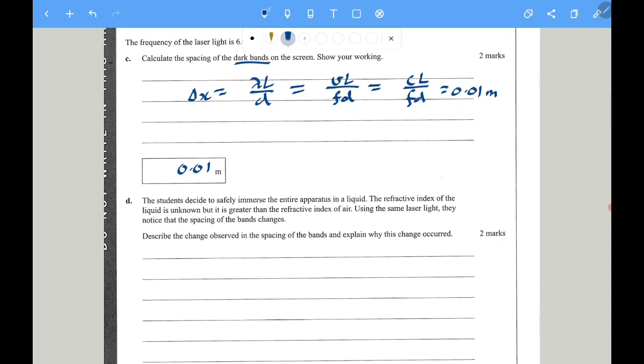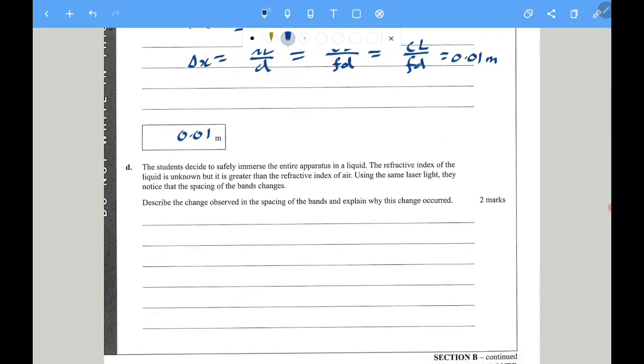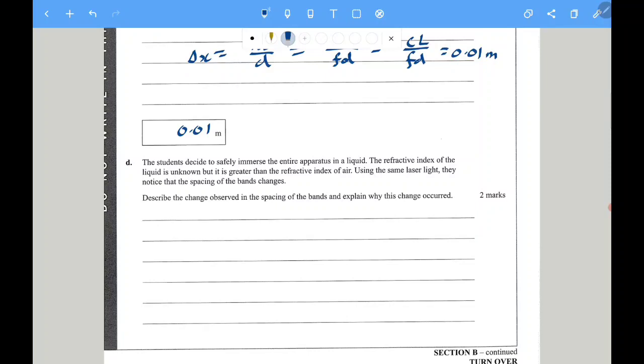What will happen to our wavelength first of all? Alright, so when submerged in a different solution, our speed of light actually decreases, right? Because our refractive index will increase. All right, so we already know the fringe spacing formula.